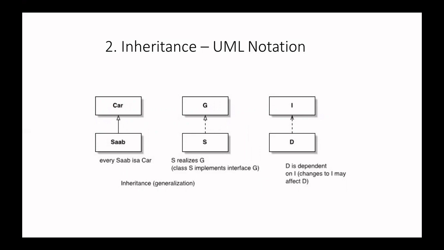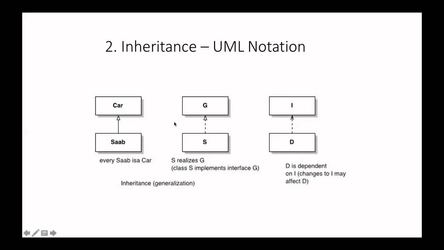Every sub is a class. S realizes G class. Class S implements interface for G. D is dependent on I. A change to I may affect D. These are some notations which we use for generalization within the UML diagram representation.